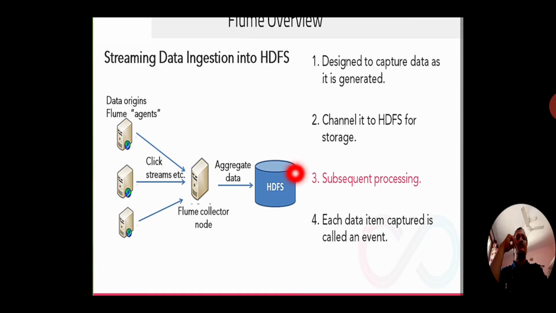So the process is streaming data ingestion into the HDFS. Flume is designed to capture data as it is generated from various social media. After collecting the data, it transfers through the channel to the HDFS storage through a proper sequence and processing. Each data item captured is called an event in Flume.